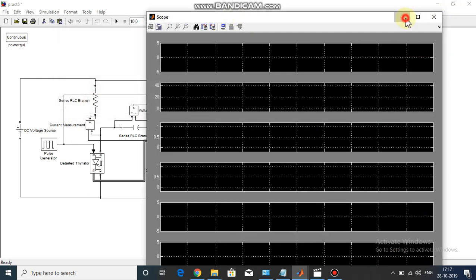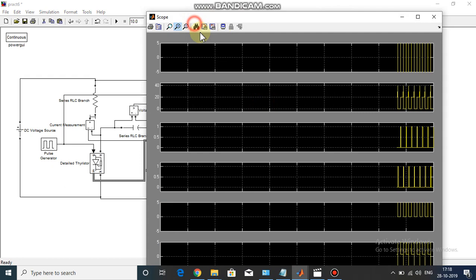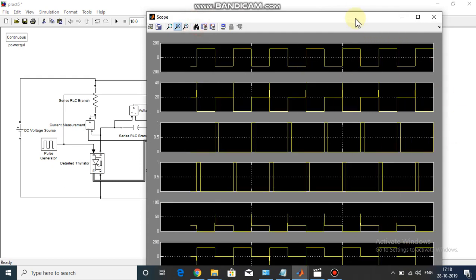Okay, and just delete this. And here we are with the blocks.